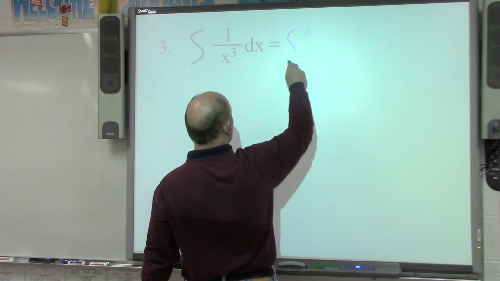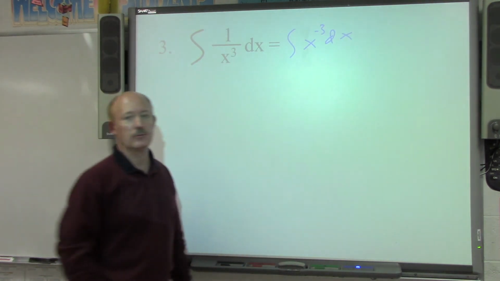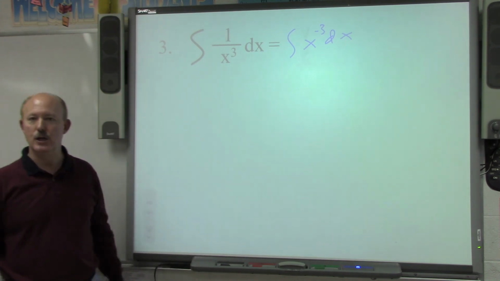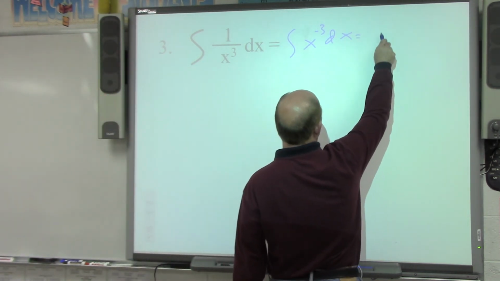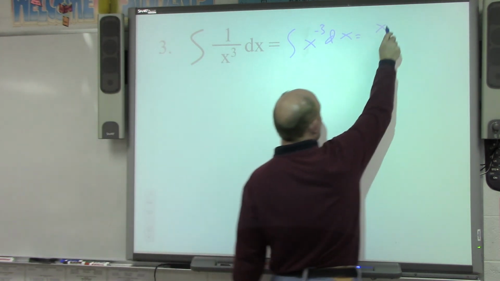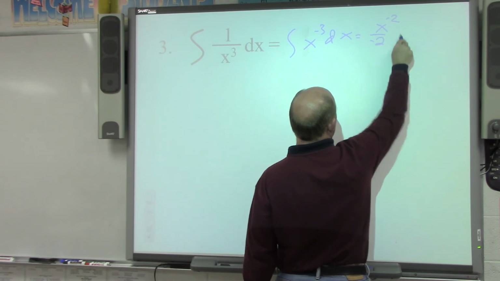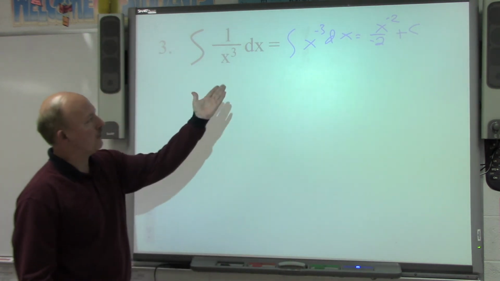Now this is equivalent to x to the negative 3 dx. Now we can use the general power rule for antiderivatives. Adding 1 to your exponent gives us x to the negative 3 plus 1, which gives us negative 2, divided by negative 2, plus our constant of integration. Now, I'm going to pull that negative 2 off.